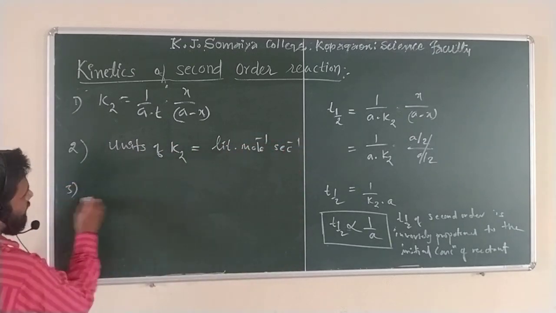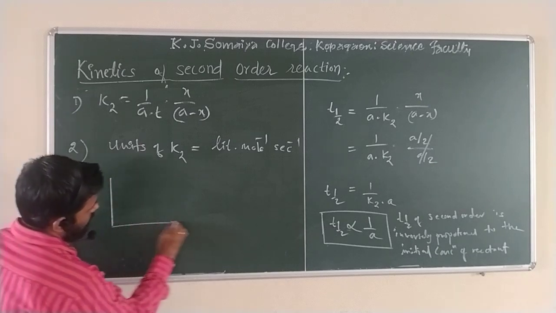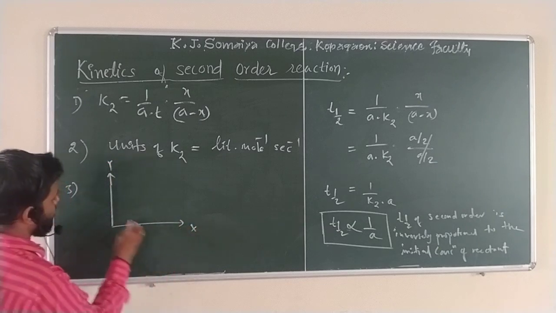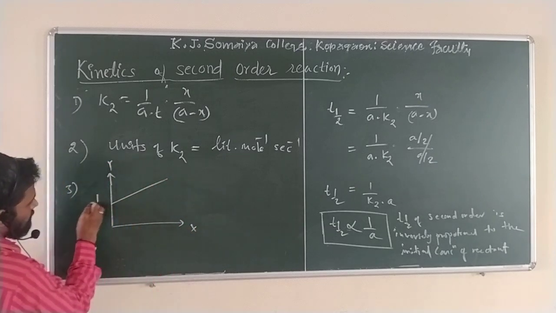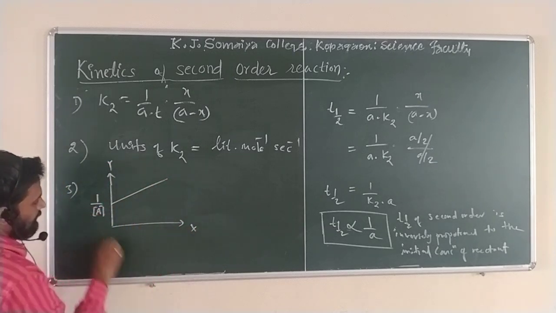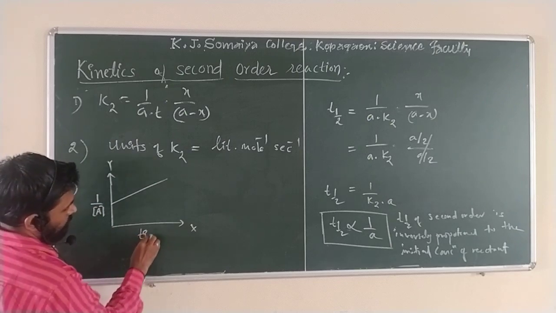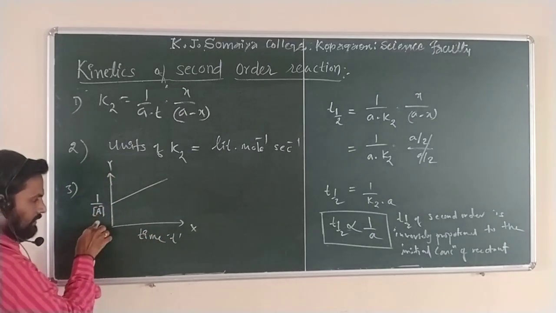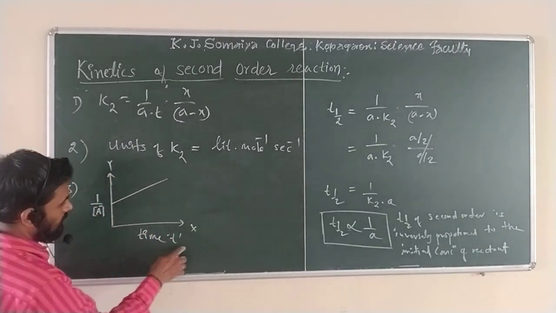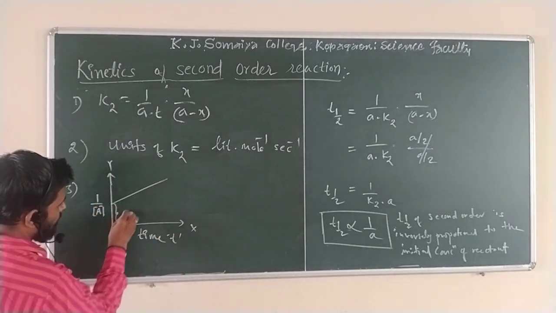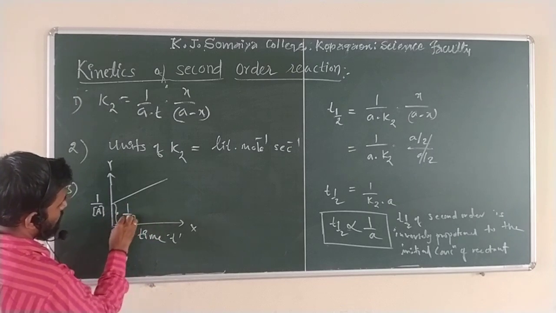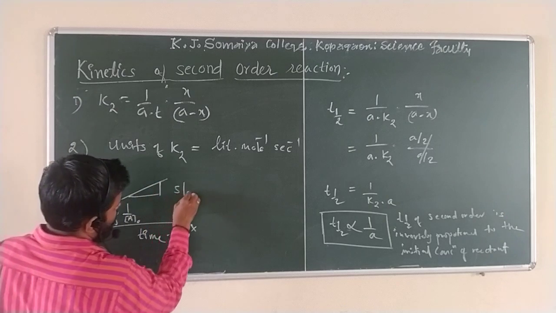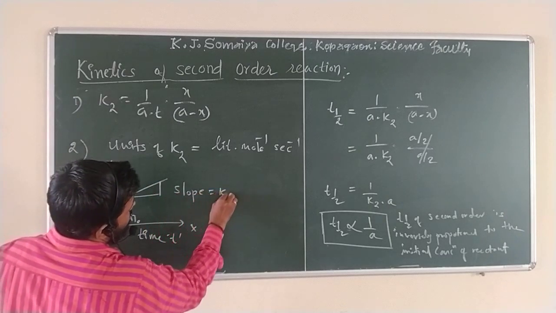And third, we studied the nature of graphs. On the y-axis is 1 upon a, the concentration term, and on the x-axis is time t. The y-intercept is 1 upon a0, and the slope is equal to K2.